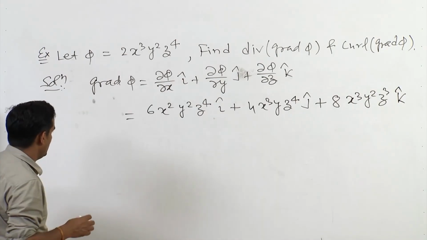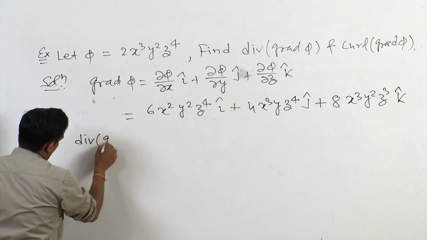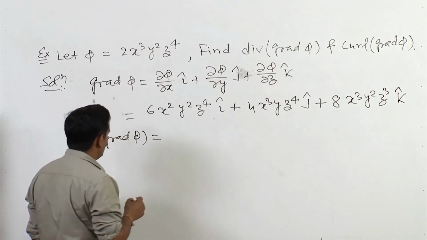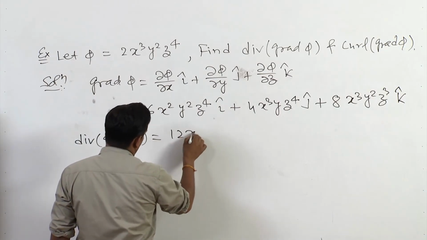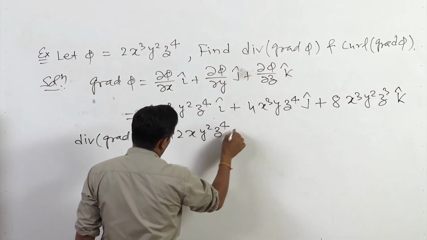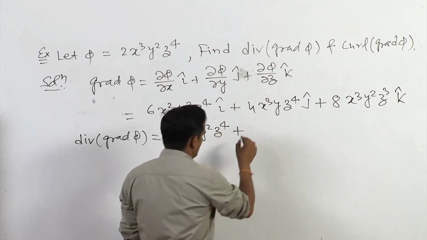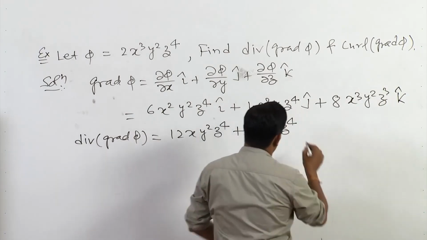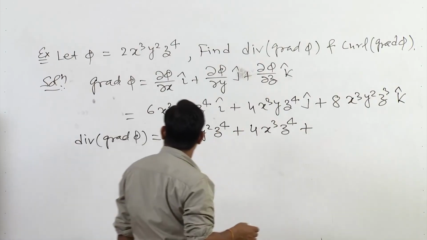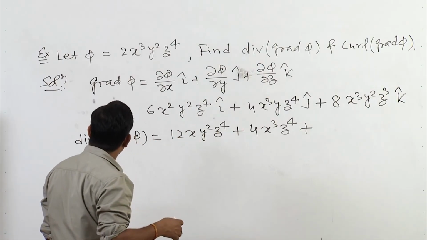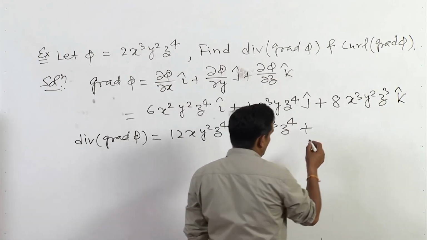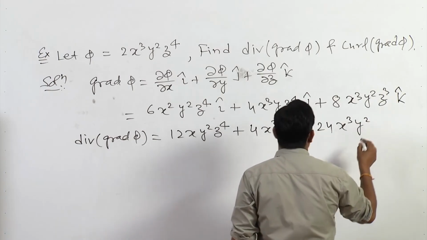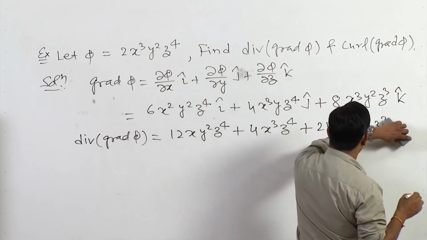Now, divergence of this. So, divergence of grad phi will become 12 x y square z raised to power 4 plus 4 x cube z raised to power 4 plus, that is del of grad phi over del z, so it will become 24 x cube y square z raised to power 2.